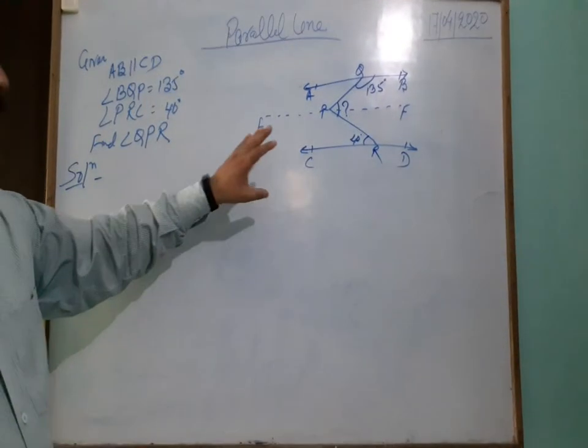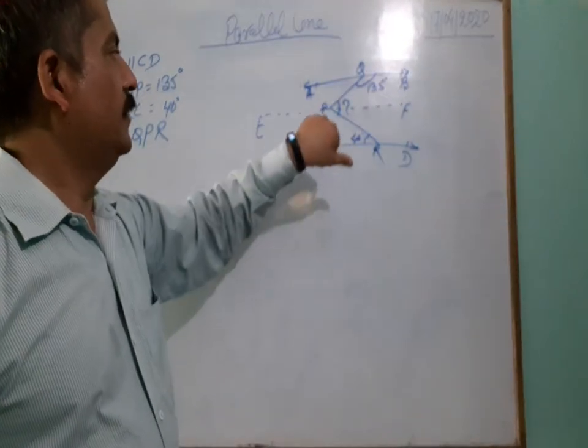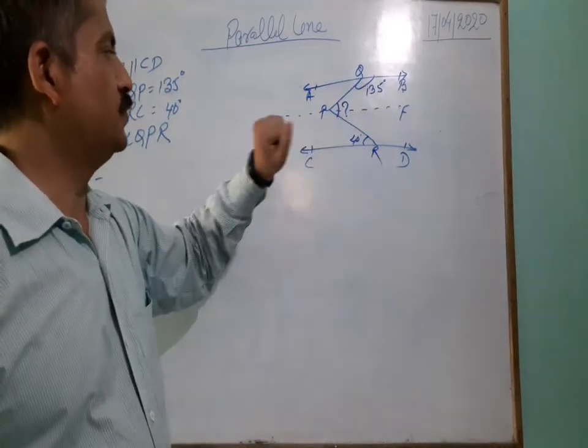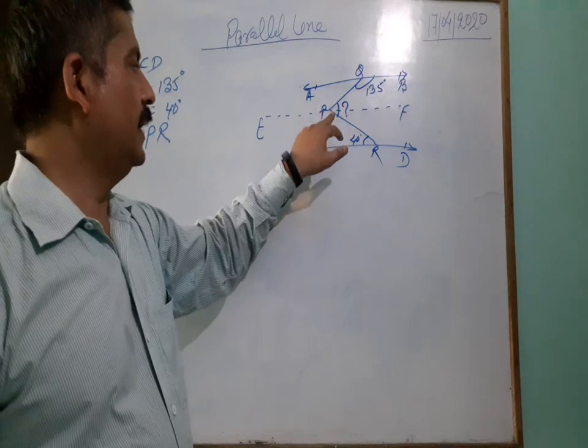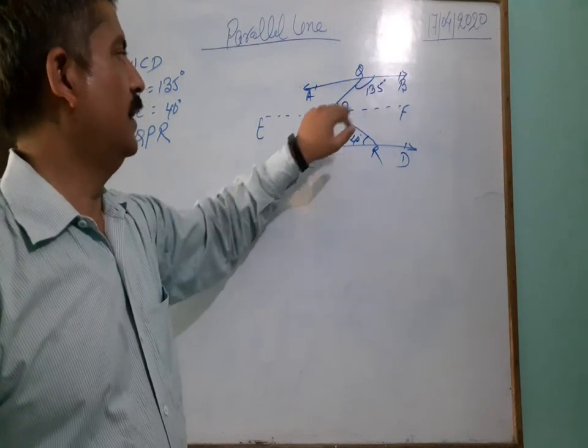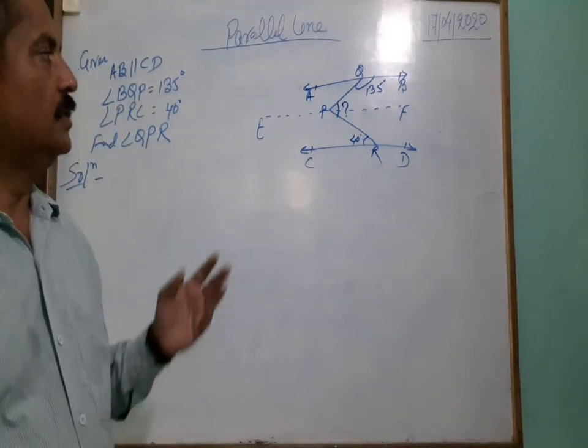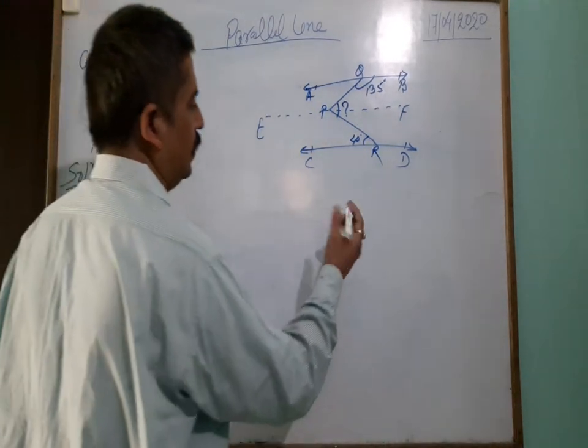If we try to find the 35 degrees, is it an alternate angle, a co-interior angle, or a corresponding angle, or the sum of the co-interior angles? We cannot find out because all of these are possibilities.